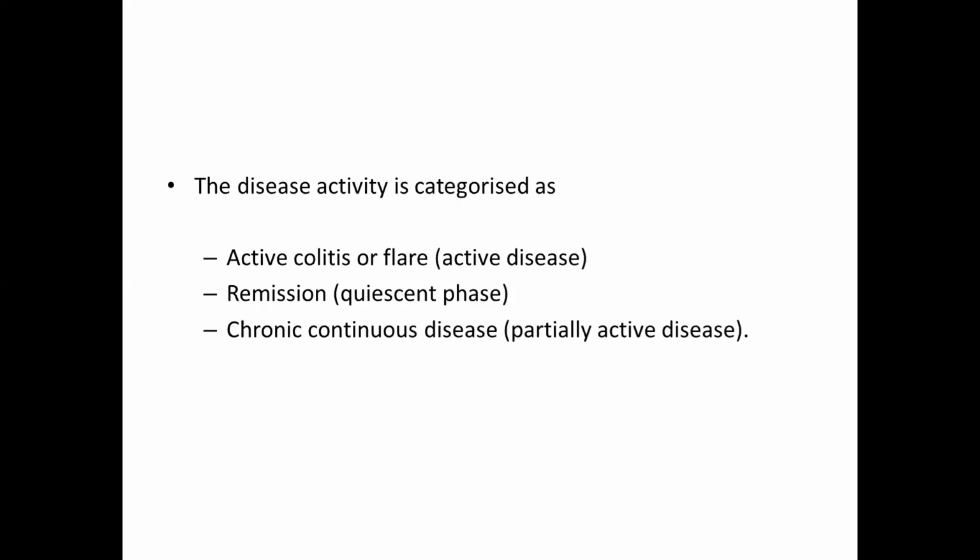And whenever there are remissions of symptoms of the disease activity, it is called the quiescent phase, which means the phase of inactivity. During this phase, the disease is usually inactive or the patient may not have any symptoms. Then there is a third phase, which is called the chronic continuous phase or partially active disease.